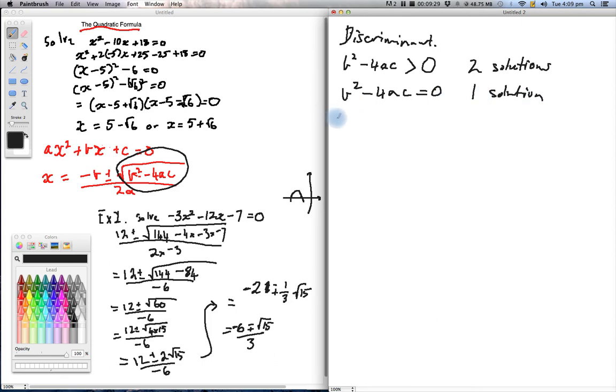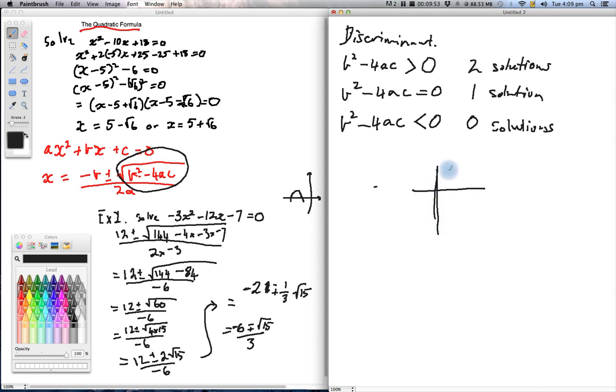Now, if this discriminant bit is less than 0, if it's smaller than 0, it'll be a negative number. And the square root of a negative number is not allowed, so that'll be 0 solutions. So what does 0 solutions mean, you might ask? Well, here's a set of axes.